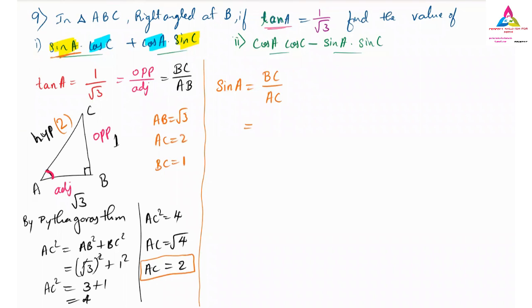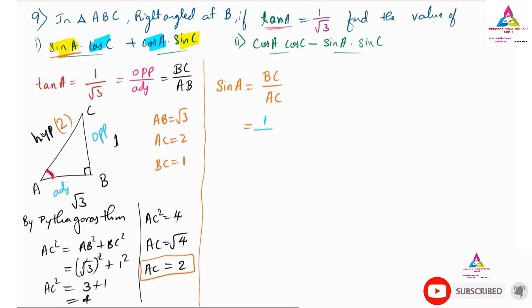Remember this, because we are not going to write in terms of opposite by adjacent, as opposite and adjacent change each time. When applying tan A, opposite remains BC and adjacent remains AB. So BC value is 1, divided by the AC value, which is 2. So the sine A value becomes half. Similarly, we have to find cos A also.